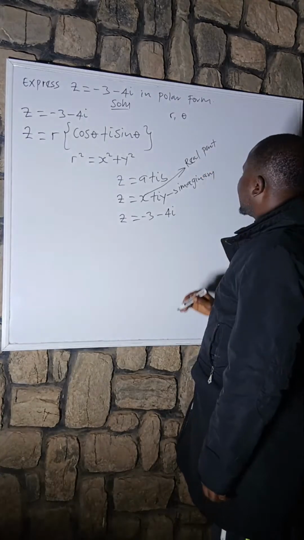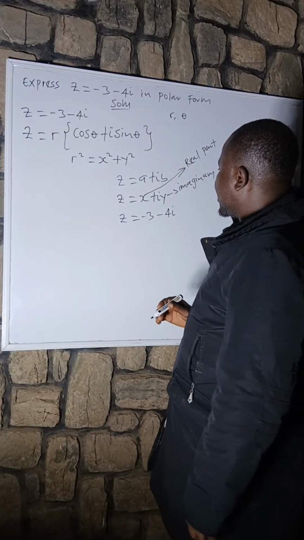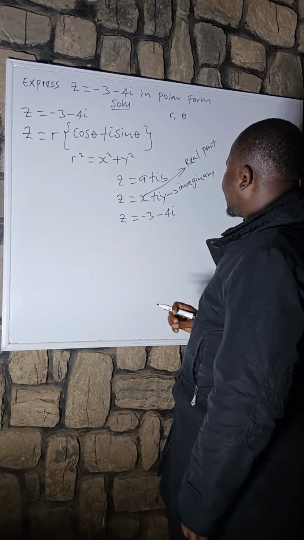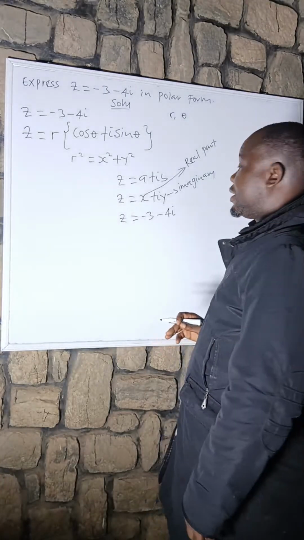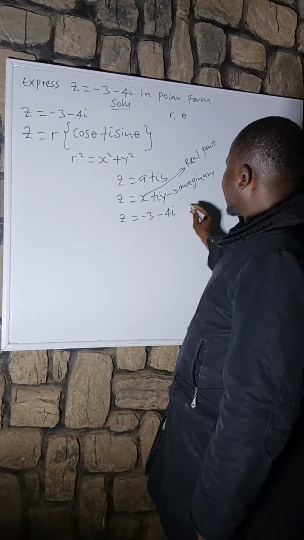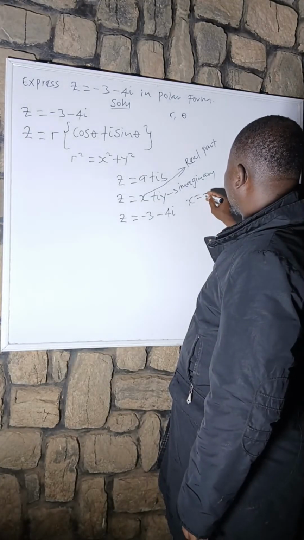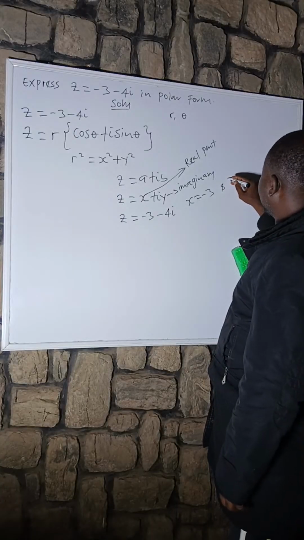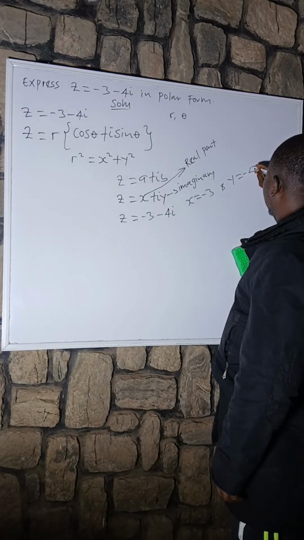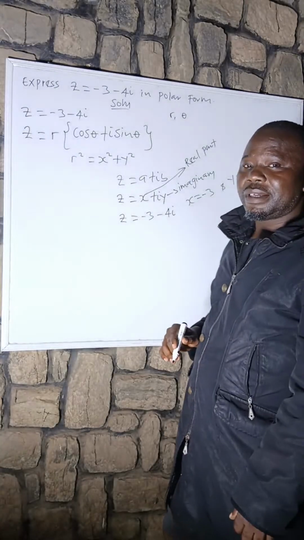So far, so good. So x is equal to minus 3 and y is equal to minus 4, isn't it?